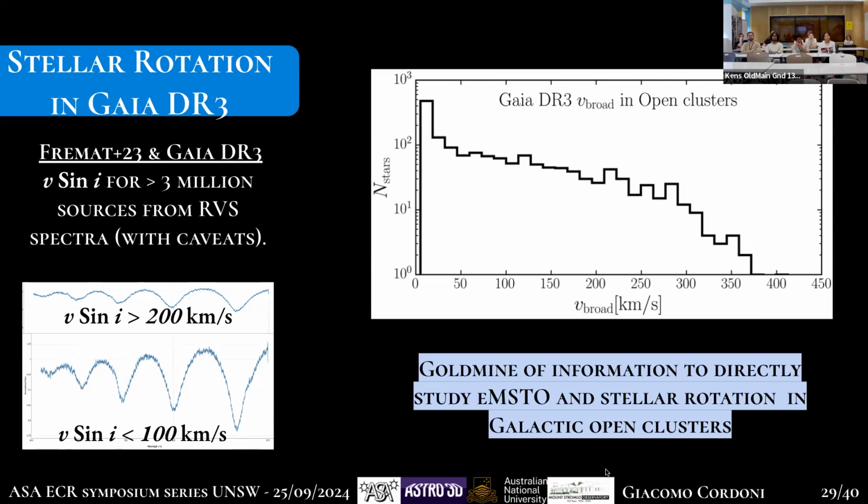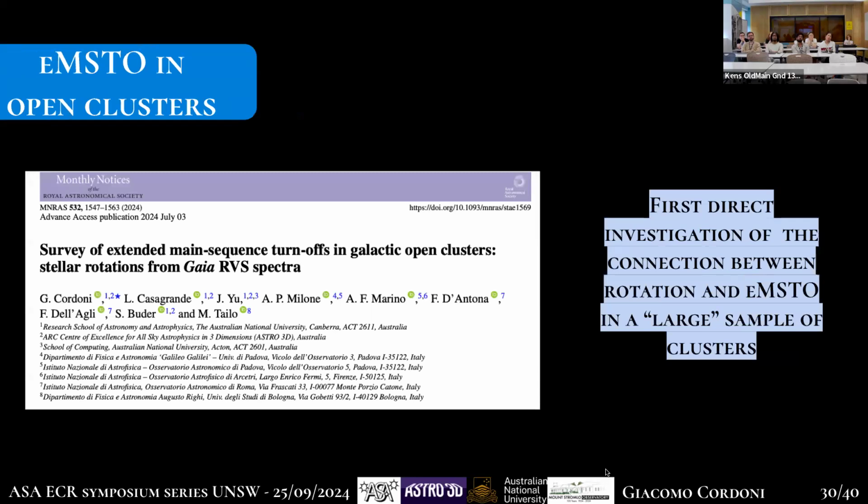And the very good thing is that we have rotational velocity for millions of stars, and many of these are actually in open clusters. So we can use this rotational velocity to investigate a large sample of clusters, and not only from the photometry, but we can actually directly investigate stellar rotation to try and understand what is going on.